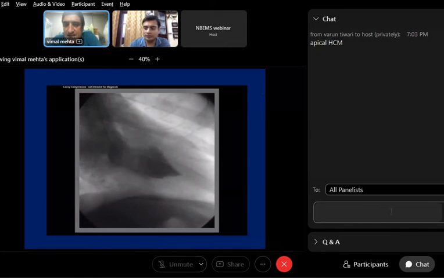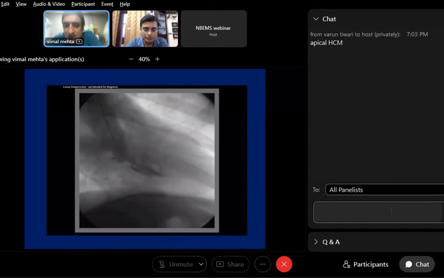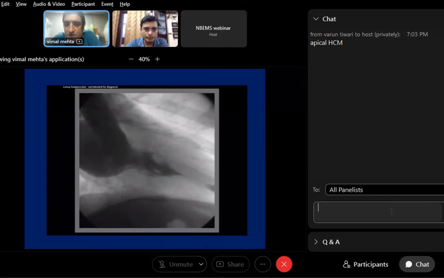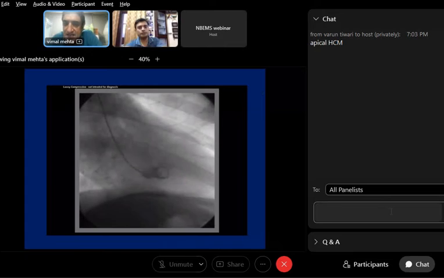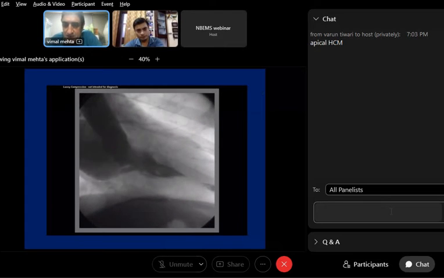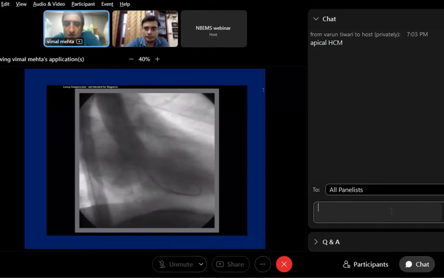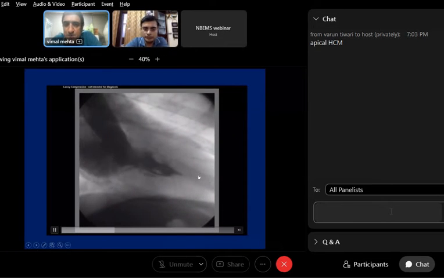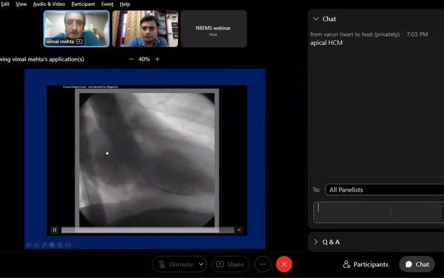And similarly, the left ventricular outflow tract, or for that matter this mid cavity gradient, gets exaggerated. So what we find are exaggerated findings. Okay, very good. Broken row phenomenon. So many things can be seen over here.